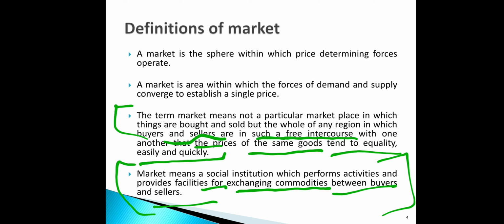So this is a social institution in which different activities are performed and facilities are provided for exchanging commodities between buyers and sellers. So there will be an exchange of a commodity for the price of that commodity. So this is about the definitions of market.